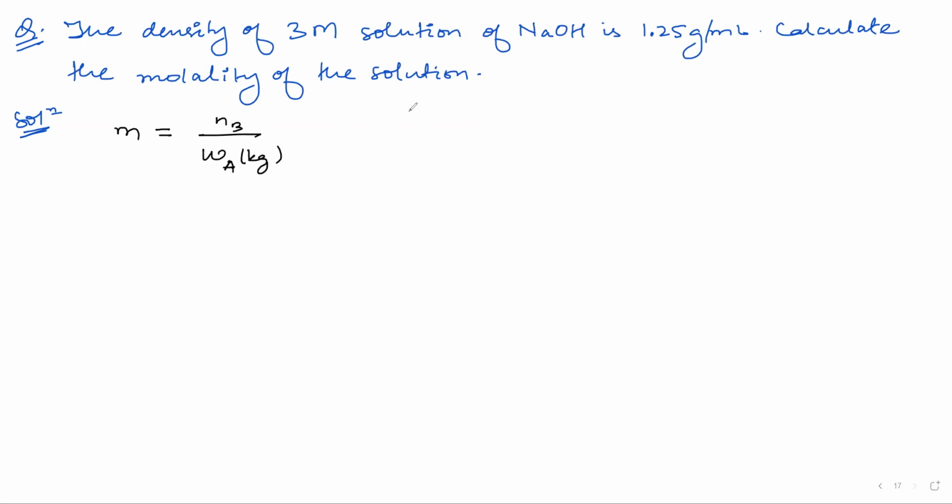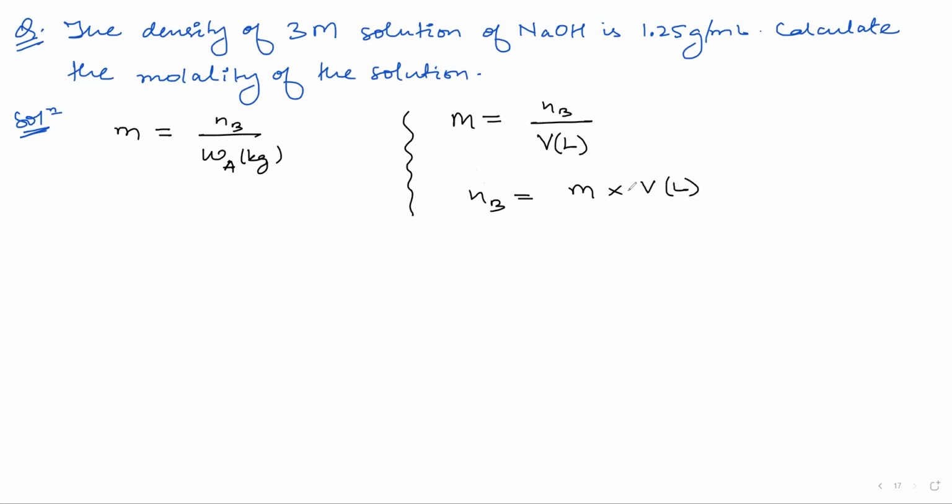Now I can also say molarity is equal to number of moles of solute divided by volume of solution in liters, correct? So I can say that number of moles is equal to molarity into volume in liters, correct?